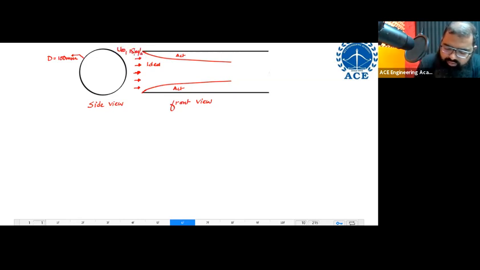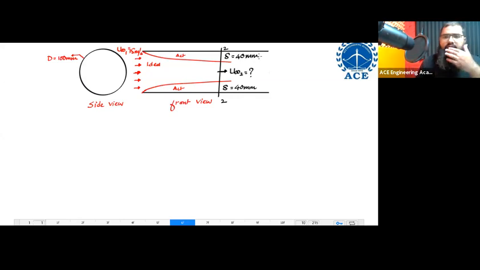Let us say this is u infinity 1 equal to 15 meters per second. I'm taking a particular section, this section 2. Over here, the velocity u infinity 2 is equal to how much is being asked. The value of delta over here is equal to 40 mm, and the value of delta over here is equal to 40 mm.